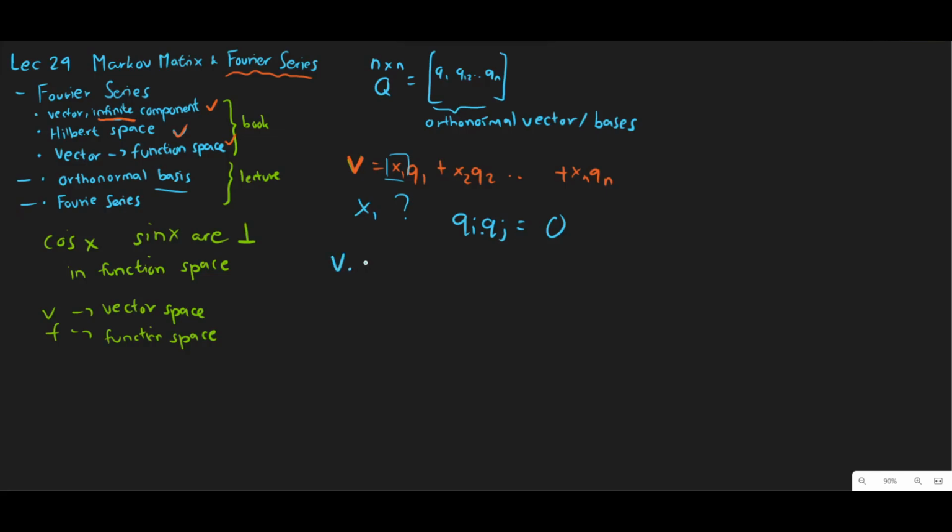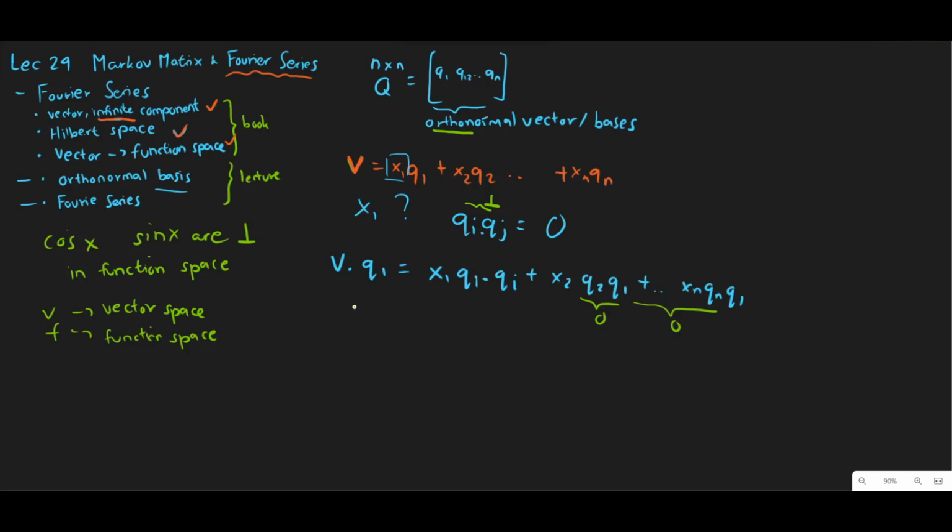So v dotted with q1 equals x1, q1 dotted with q1, and then x2, q2 dotted with q1, until xn, q1 dotted with qn. I have a lot of zeros here, because remember, qi dotted with qj equals 0 because these two are perpendicular, orthogonal, same thing.